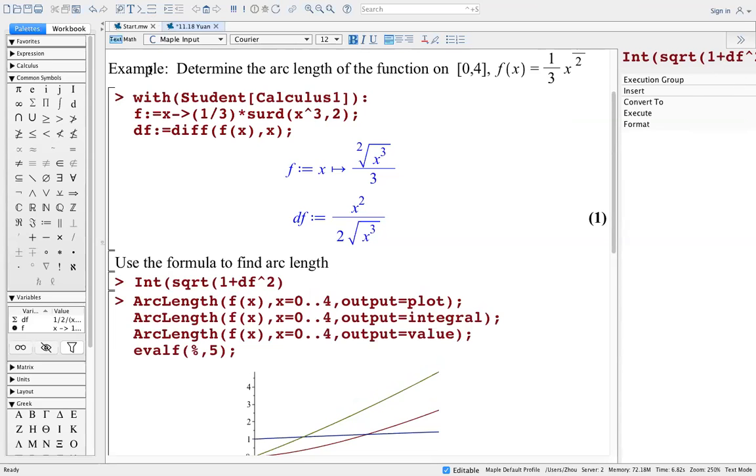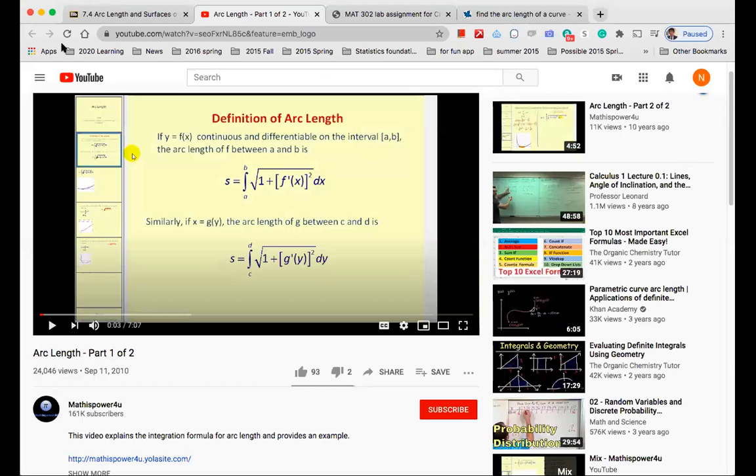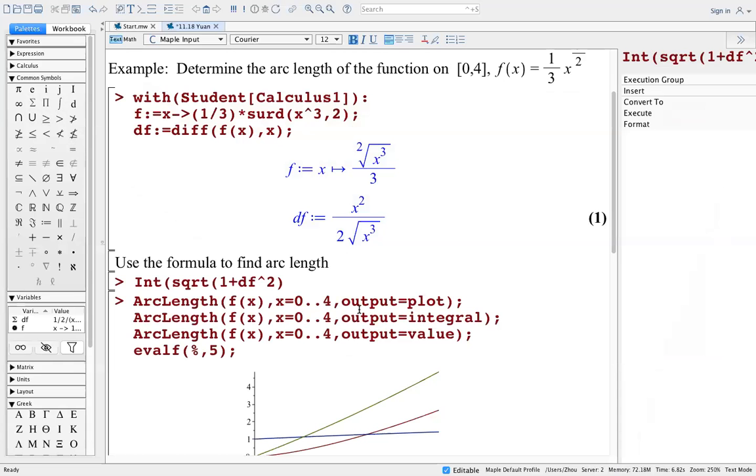Under the radical. Just making sure. Yeah, that's the one. So it's integration of the square root.